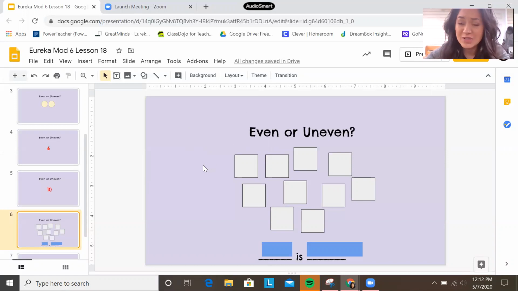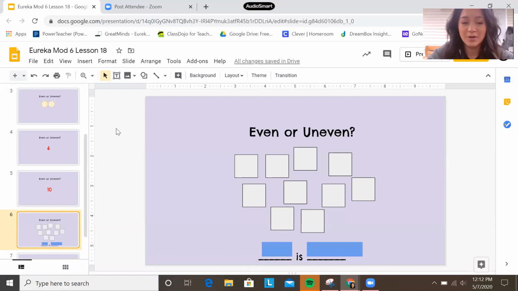The first thing I'm going to do is count up my squares. So let's go ahead and count. 1, 2, 3, 4, 5, 6, 7, 8, 9, 10. I have 10 squares. Let's see if we can split up these 10 squares into pairs, because we know that even also means that every person has a partner.